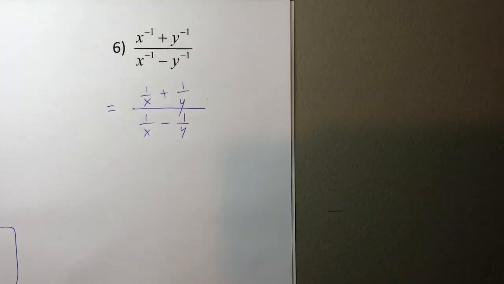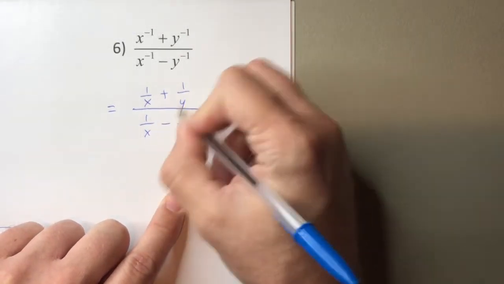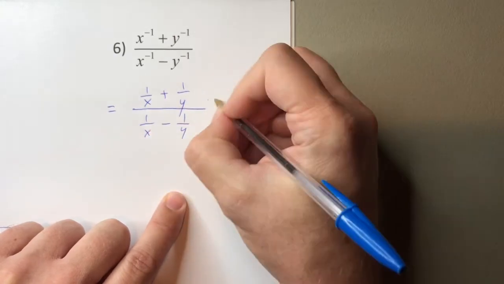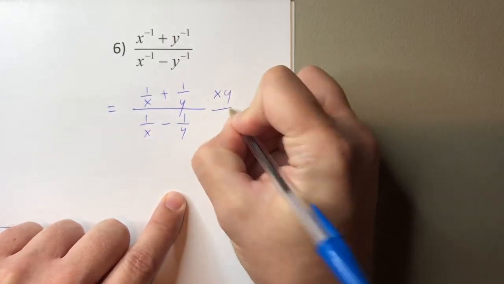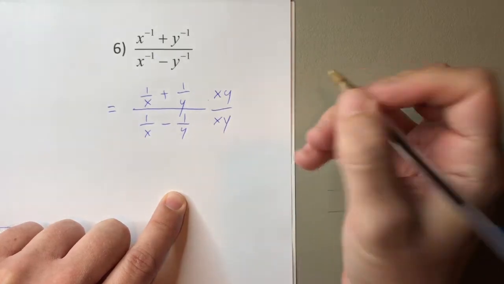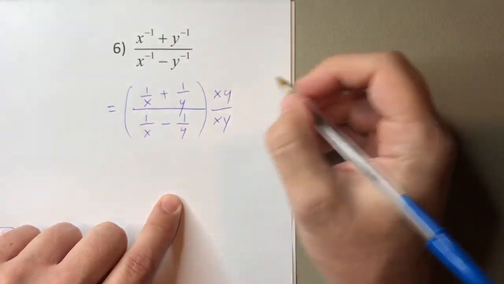Now, do you remember how we handled it at this point, looking back at section 1.4? We came up with an LCD. So the LCD here is going to be the product of what? YX, or XY, whatever. It's commutative.